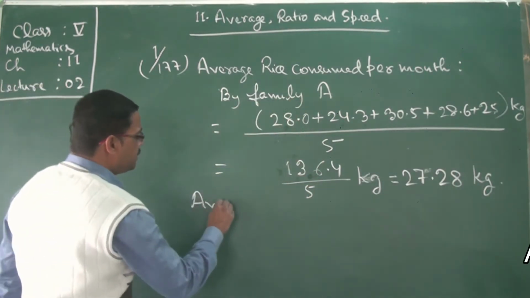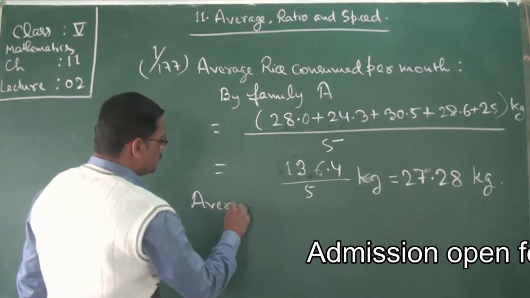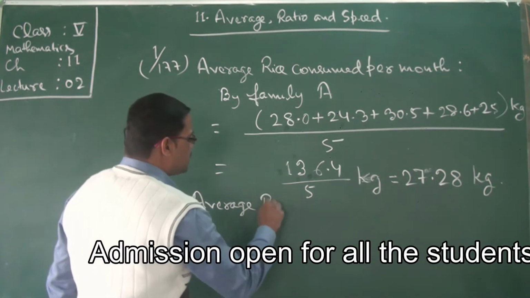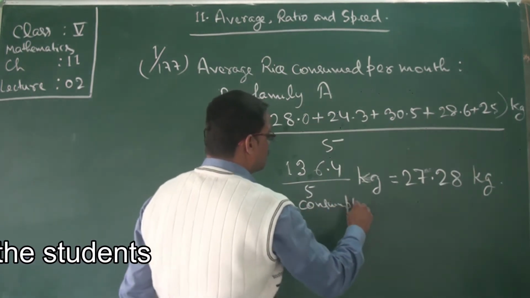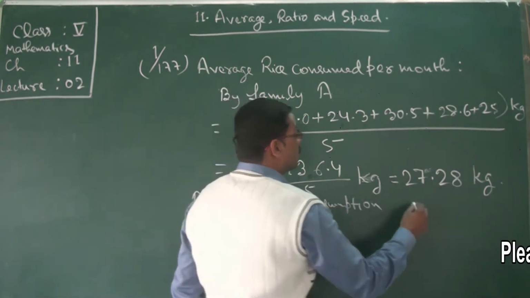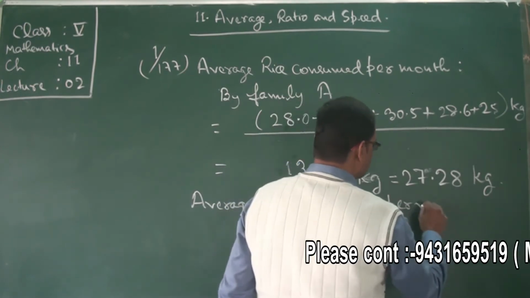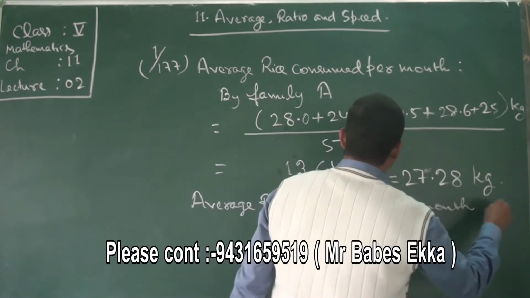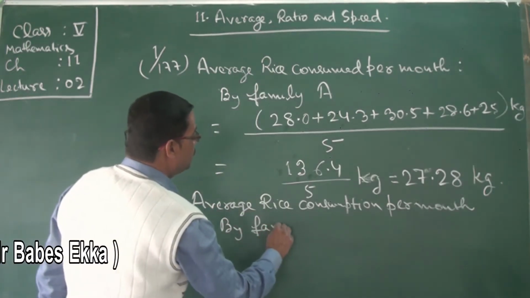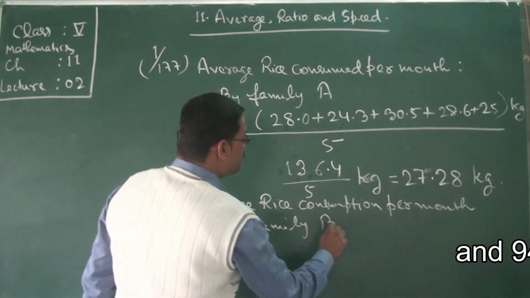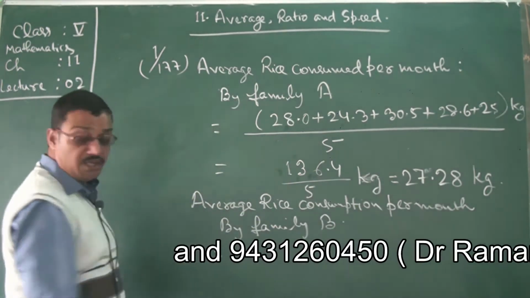Similarly, average rice consumption per month by family B. This will be similar to the previous one.